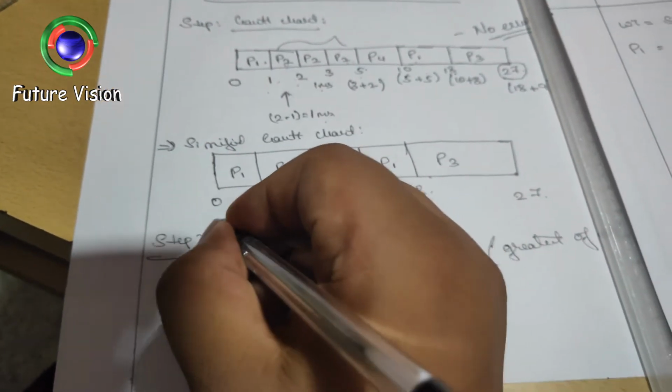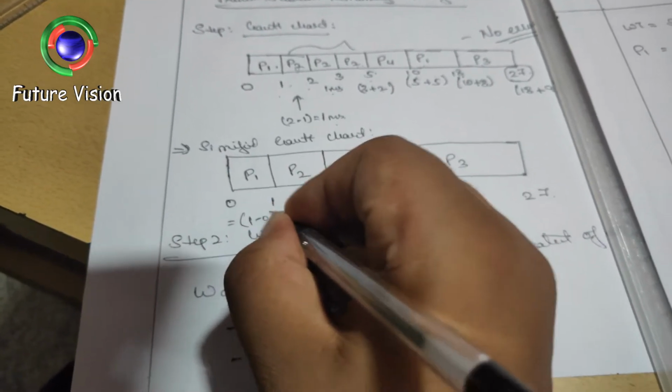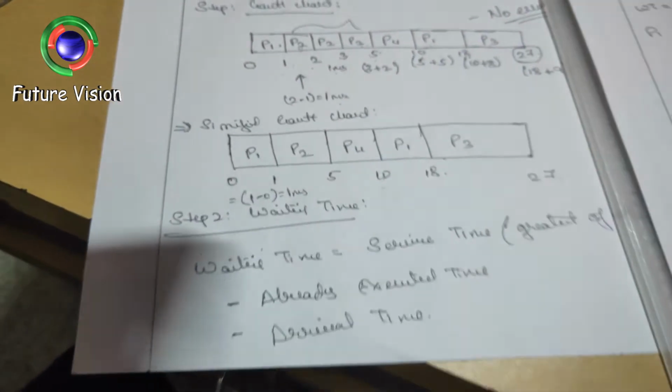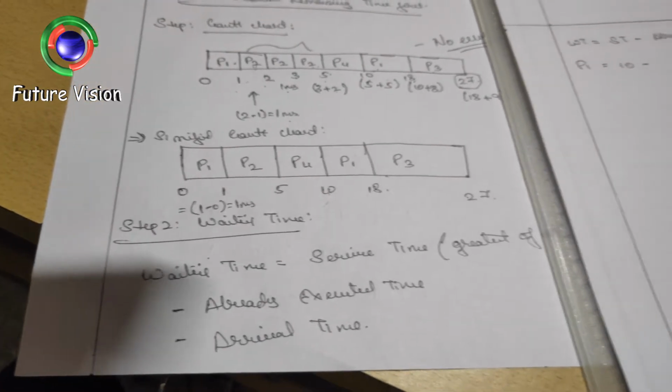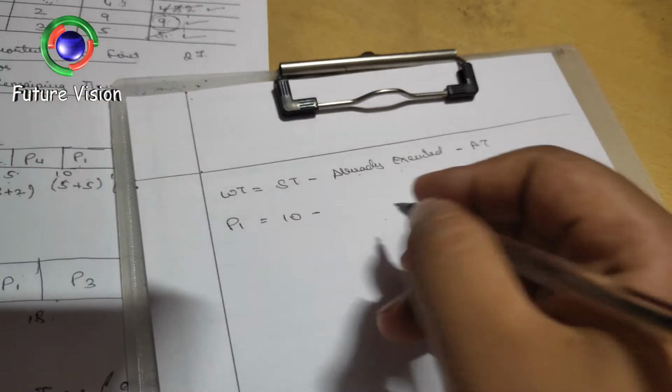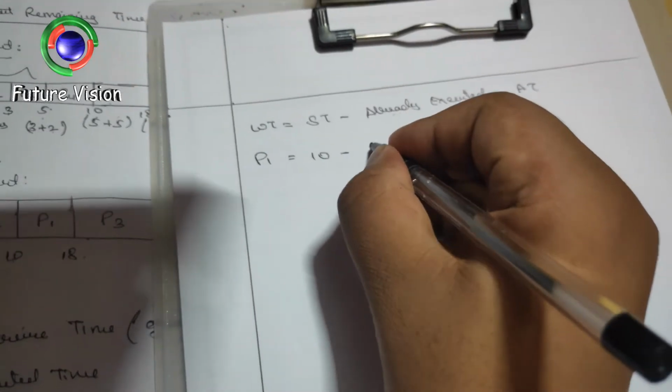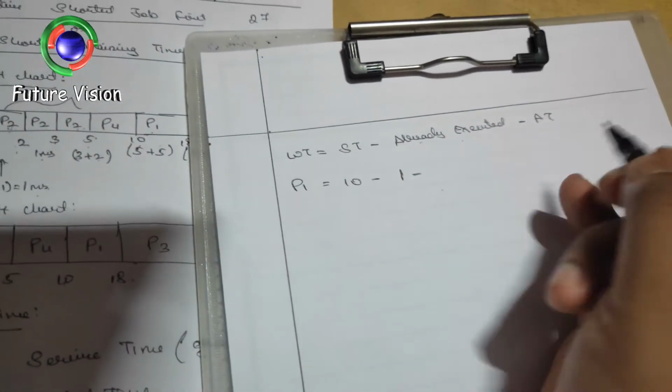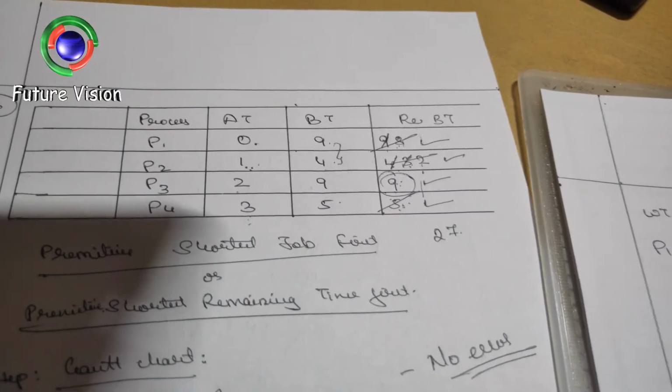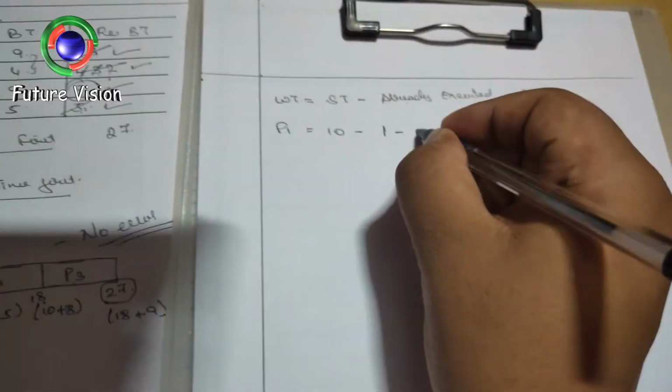I'll write it here: 1 minus 0, which is nothing but 1 millisecond. Right, P1 executes for 1 millisecond. So already executed is 1 millisecond, minus arrival time. Arrival time is given in the table. Arrival time of P1 is 0.